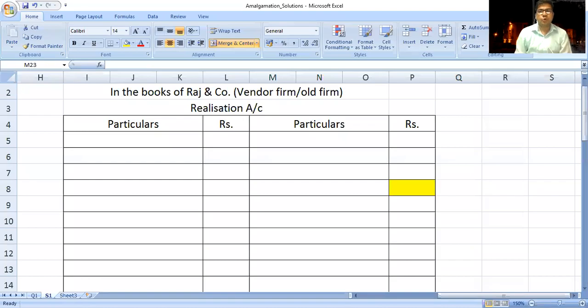Today we are going to learn in the books of Raja and Company how we will prepare the realization account, partners' capital account, and new firm account.